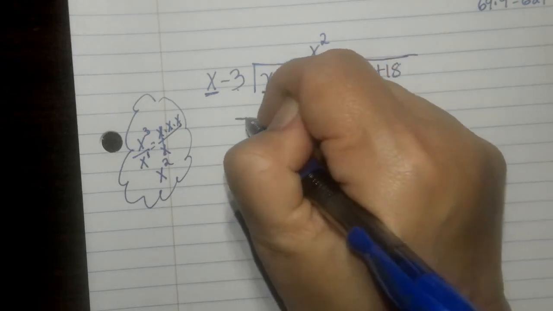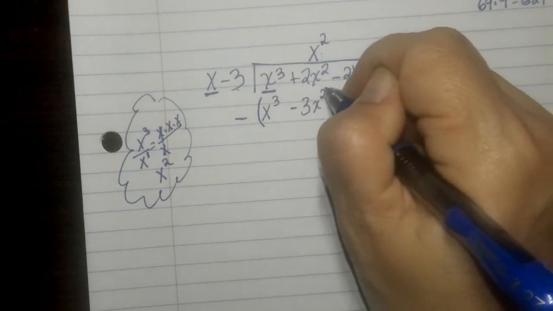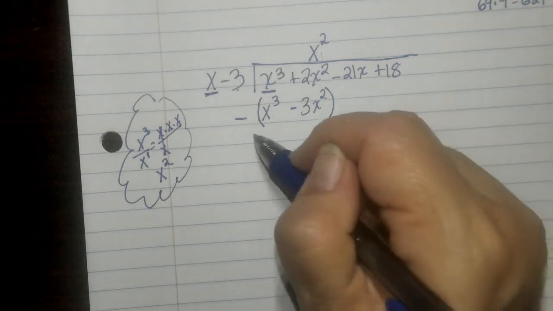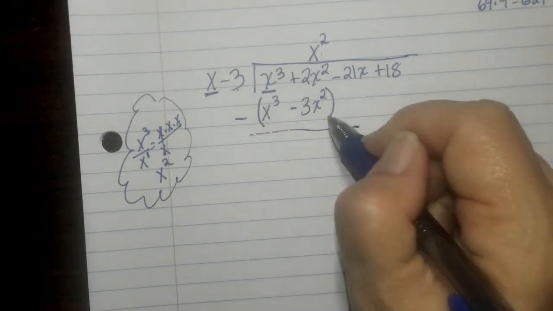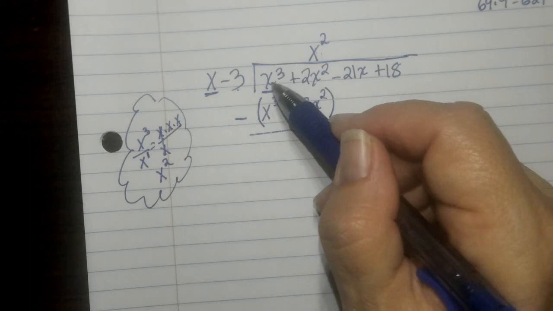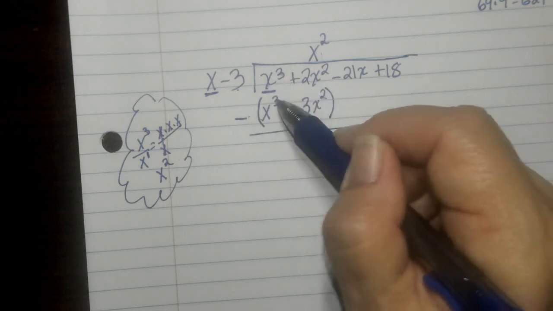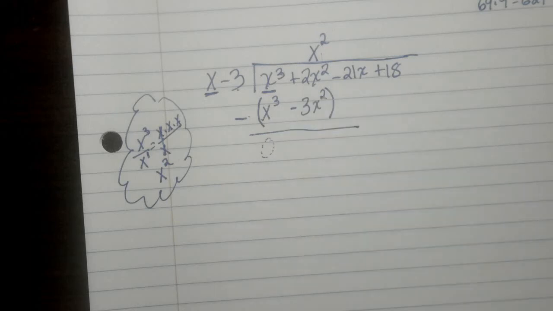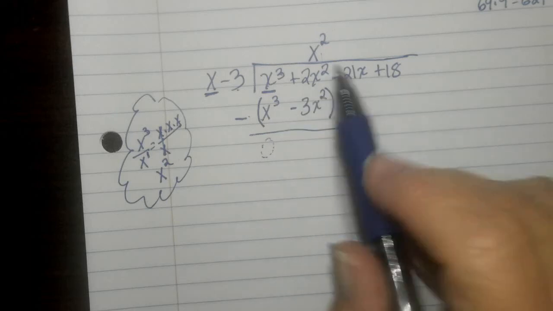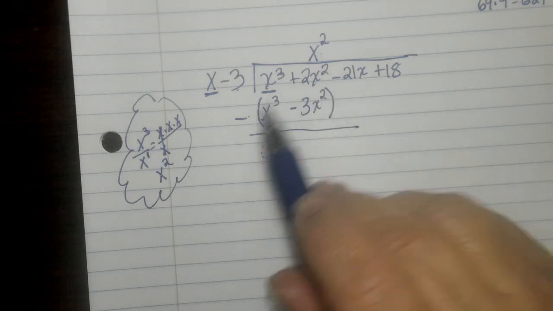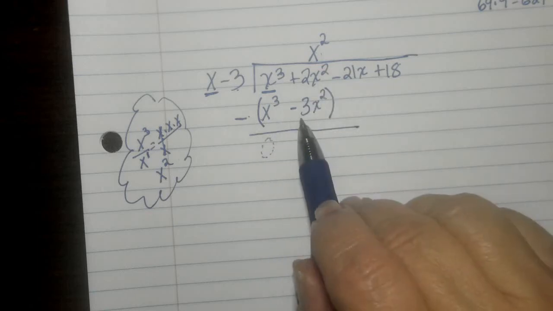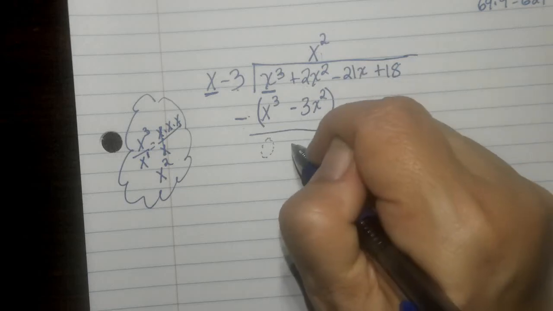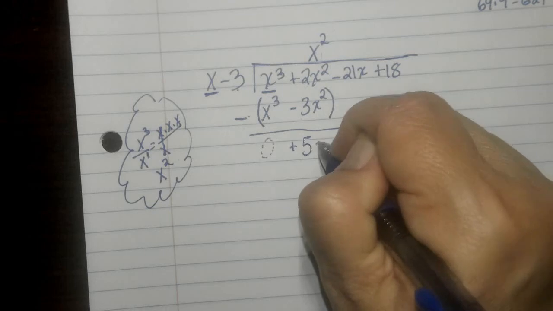We are going to subtract this entire polynomial. You need to put that around parentheses and subtract the whole thing. So x cubed minus x cubed is 0. You can put a 0 there or you can leave a blank space. It's up to you. But 2x squared minus a negative. So in essence, I'm adding this 3x squared, and that's going to be a positive 5x squared.